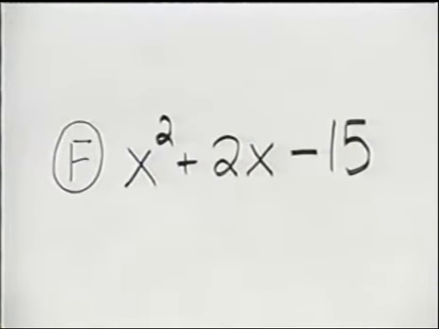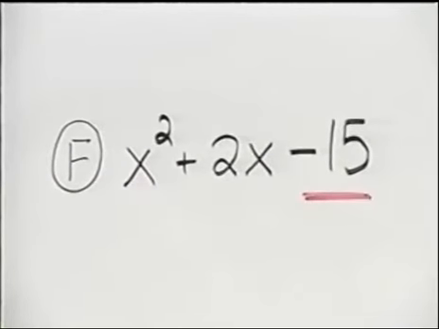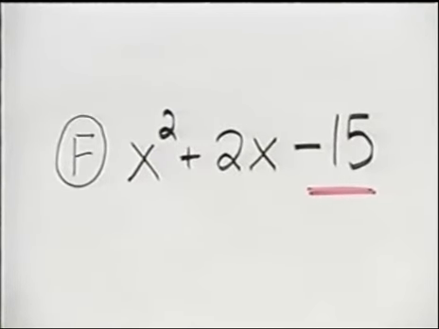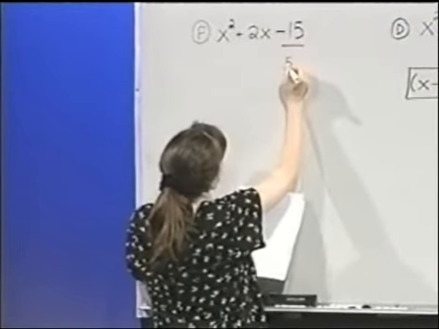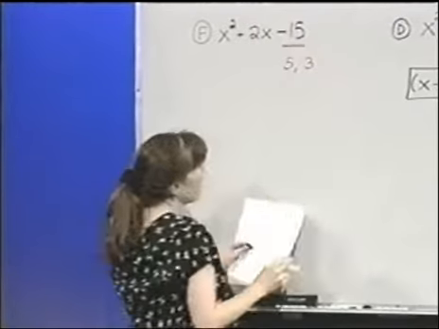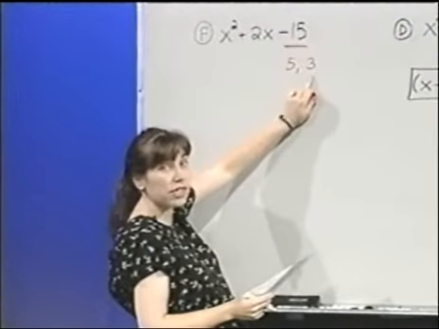You begin by looking at the minus 15, and you ask yourself, let's think of two numbers that will multiply to give me negative 15. Well, the first numbers that come to mind that give you 15 are 5 and 3. 5 times 3 is 15.